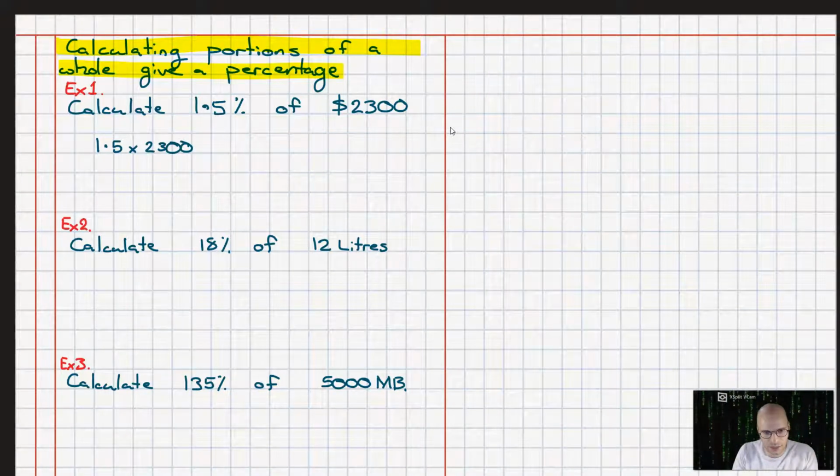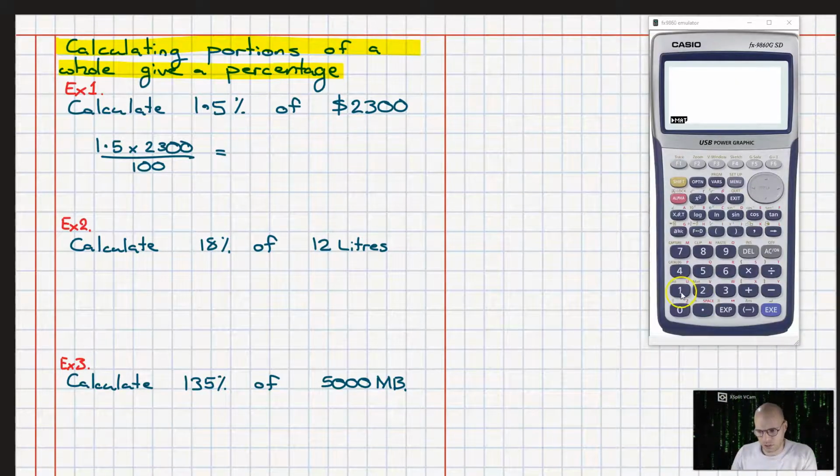After that, we put it all over 100. Next step is we get our calculator up and I'm going to type 1.5 times 2300 divided by 100.